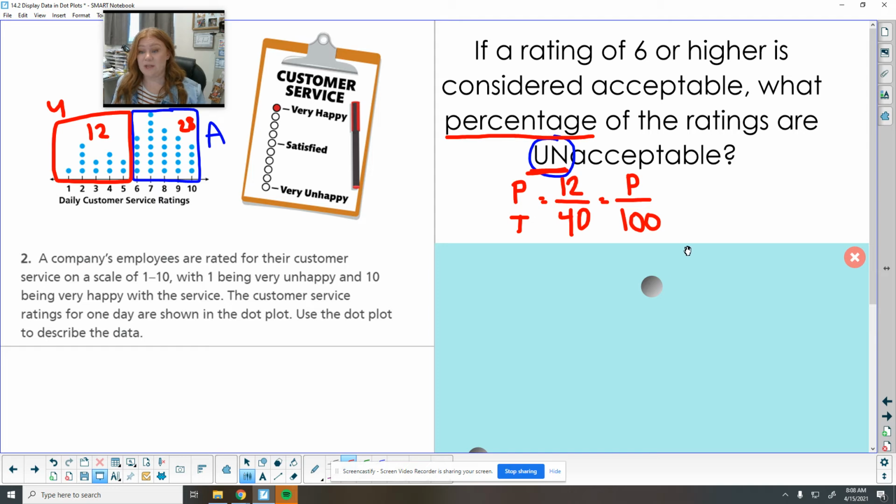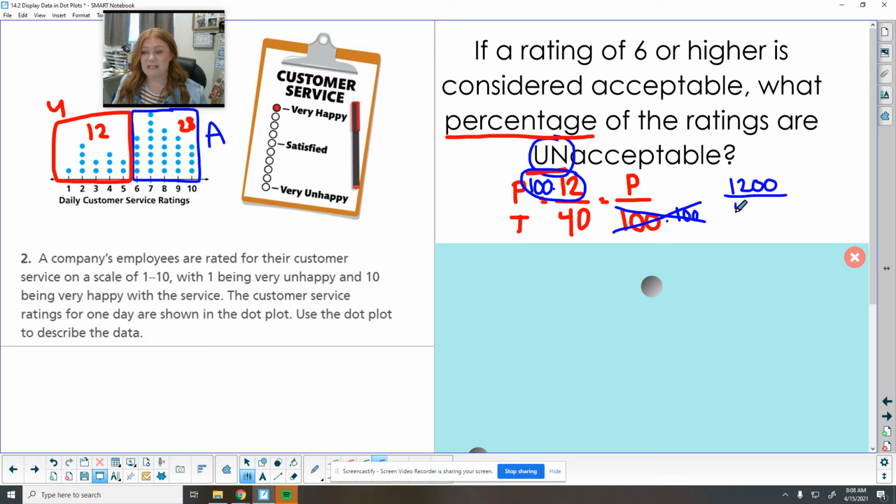So now we are looking for this percent here. So we need to get P all by itself. So the opposite of divide by 100 is to multiply by 100 on both sides. So this cancels out because it's a fraction. So I am multiplying by 100. So 12 times 100 is 12 with 2 zeros.